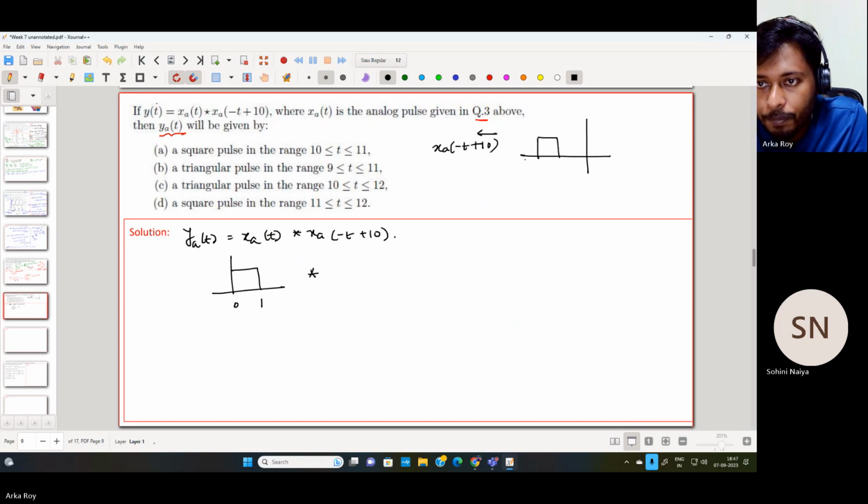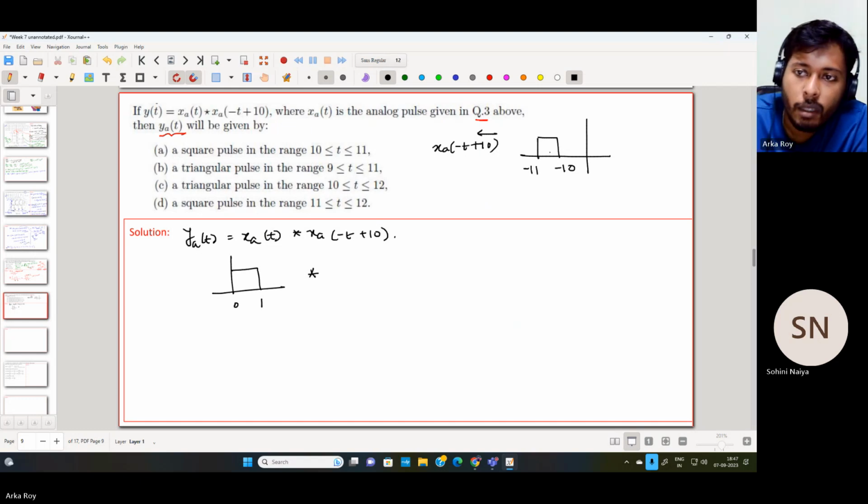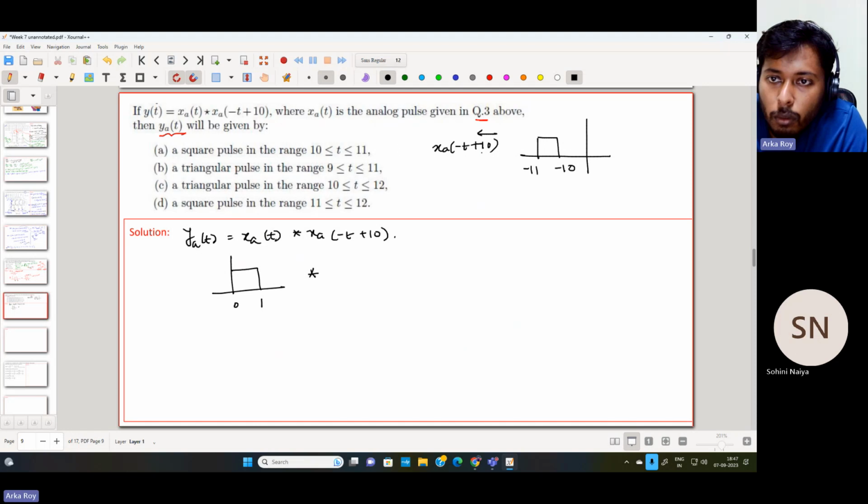So 0 will go to minus 10 and this one will go to minus 11. Now this is what advancing looks like. Advancing is the first operation, and the second operation is the time reversal operation.